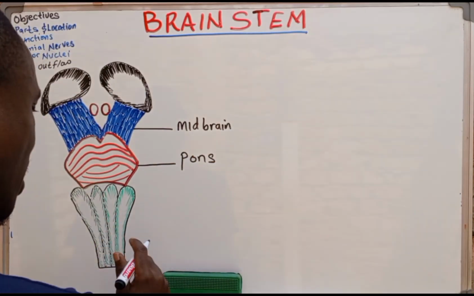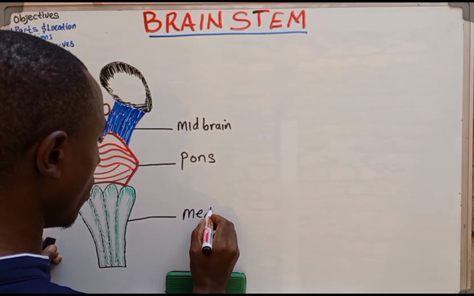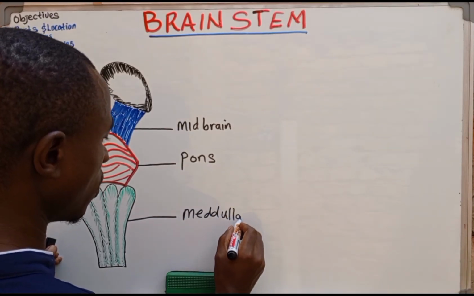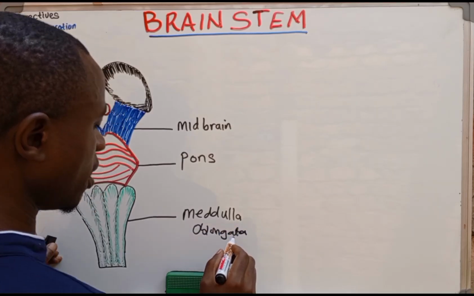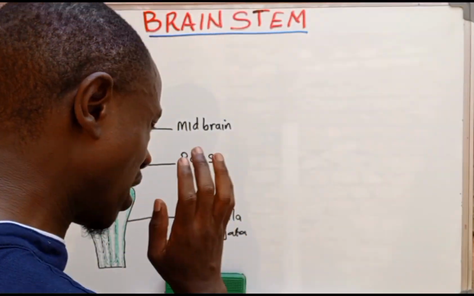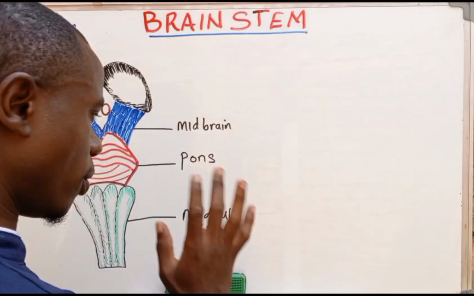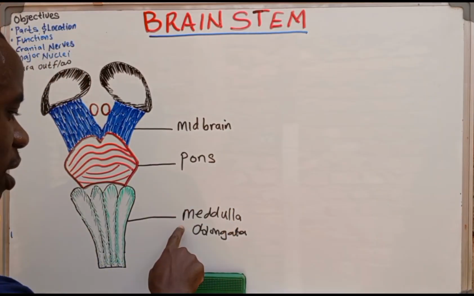And then lastly, the one down here is what we call the medulla oblongata. So mainly there are three parts which make up the brainstem: the midbrain, the pons, and then the medulla oblongata.